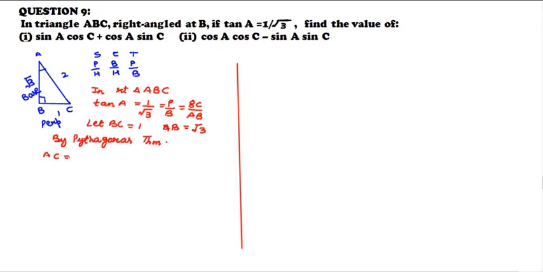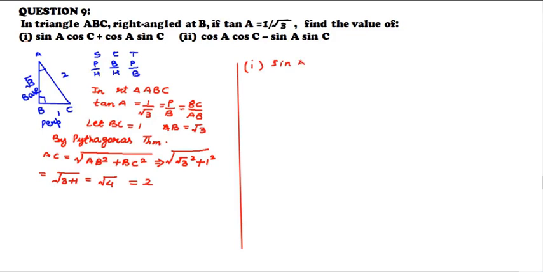AC is equal to under root AB square plus BC square, that is equal to under root 3 square plus 1 square, that is equal to under root 3 plus 1, that is equal to under root 4, and root of 4 is 2, so it becomes 2. AC is equal to 2.